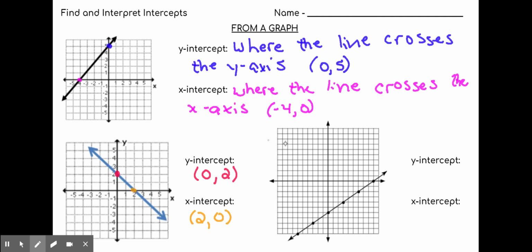Okay, so for this line, give me the coordinates of the y-intercept and the x-intercept. So you should have gotten that the y-intercept has coordinates (0, -6), and the x-intercept has coordinates (9, 0).